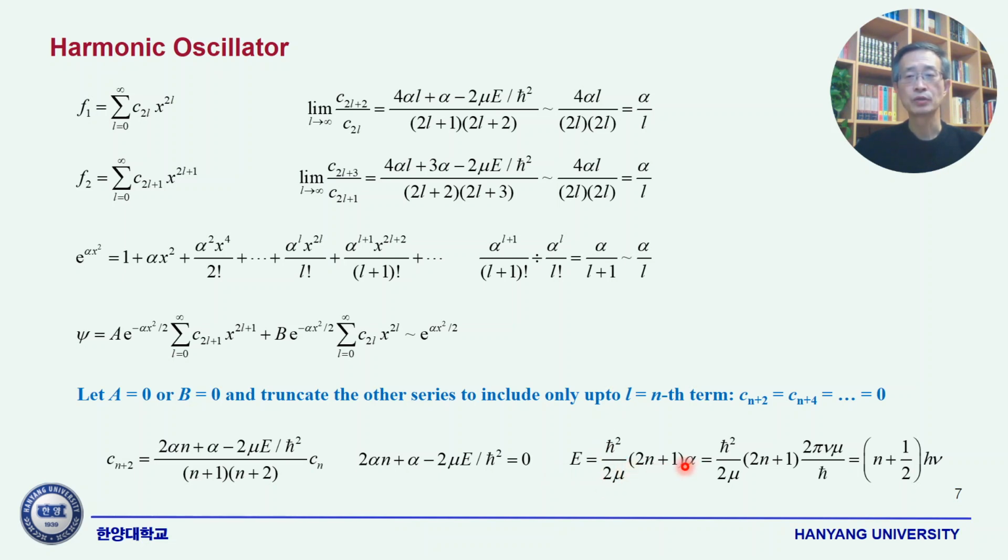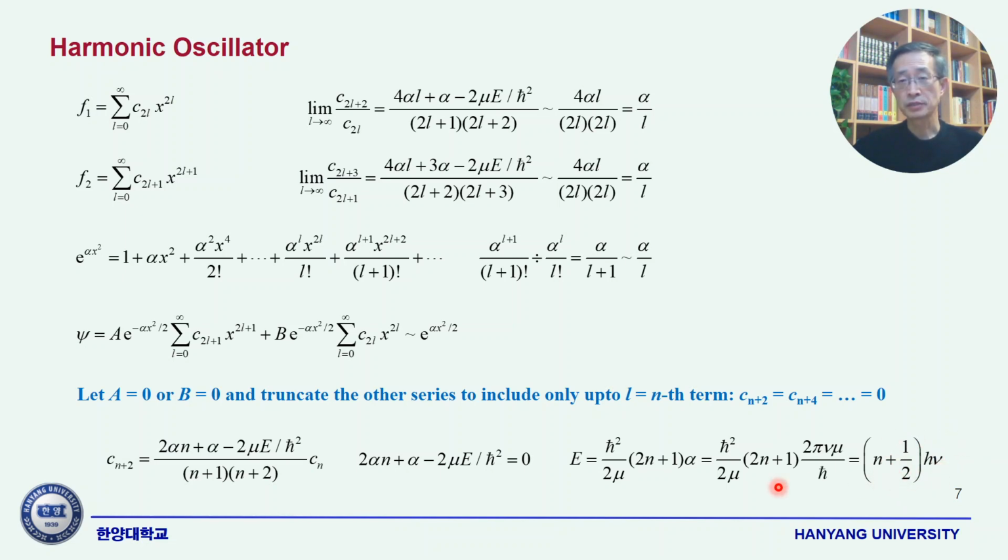Now, do you remember what alpha was? Alpha is 2 pi mu nu over h bar. Put this together and you get (n plus 1/2) h nu.